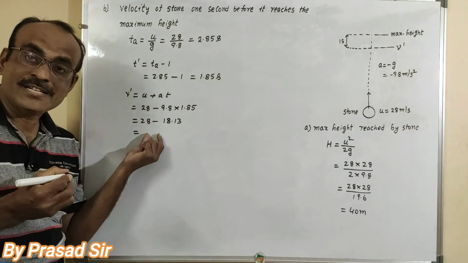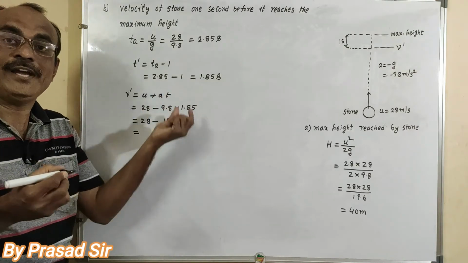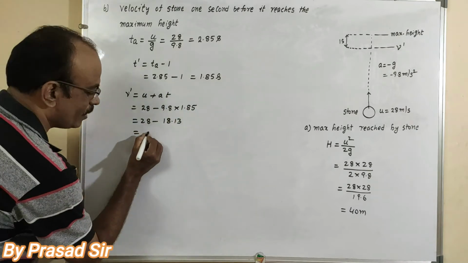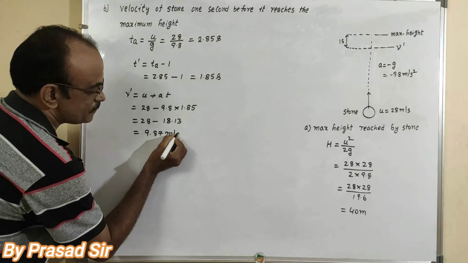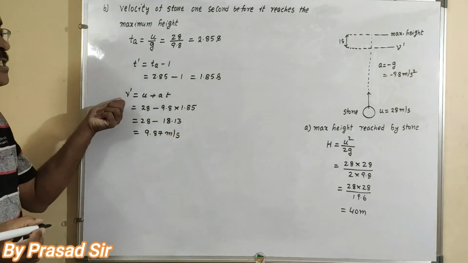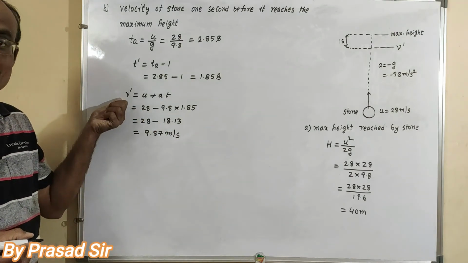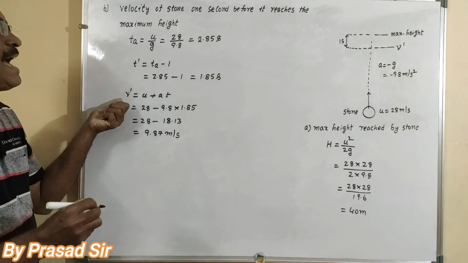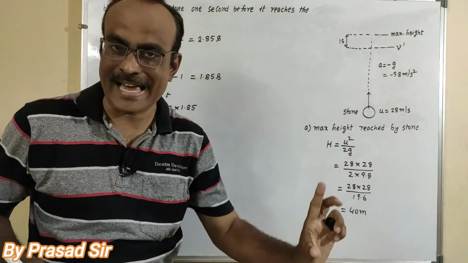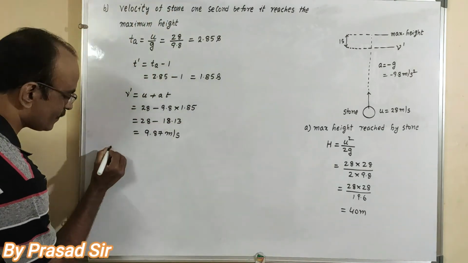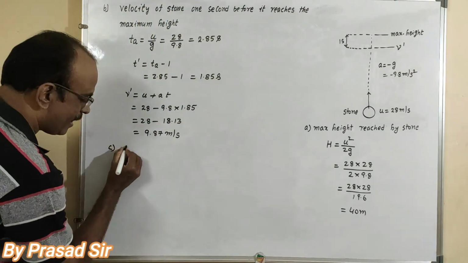So 28 minus 18.13 is equal to 9.87 meters per second. So this much velocity is what the stone has 1 second before it reaches the maximum height.